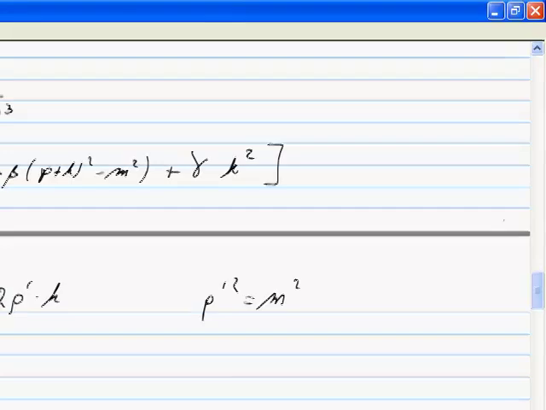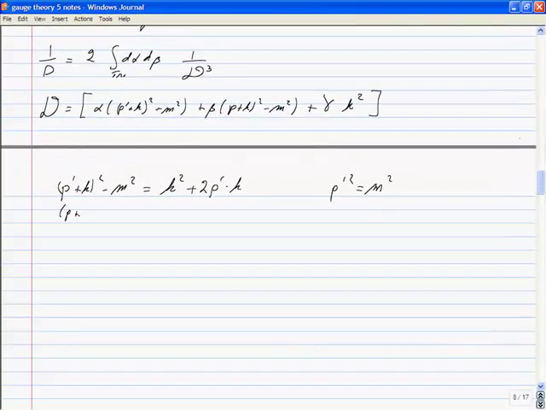Likewise for the other one, K squared plus 2P dot K.